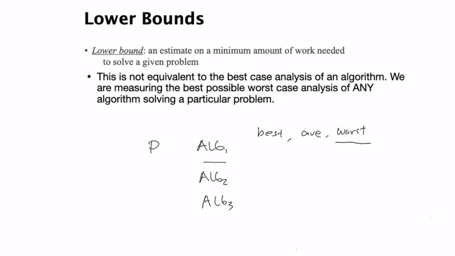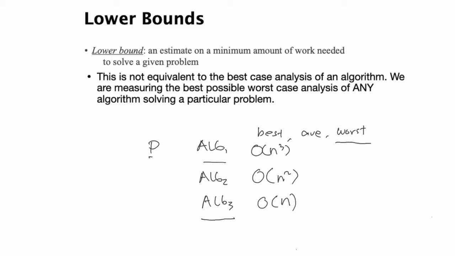Listing the worst case time complexity of each algorithm, suppose we have O of n cubed, O of n squared, O of n. In this set, we can say that algorithm 3 is the best algorithm for problem P because it's the fastest among the three algorithms.